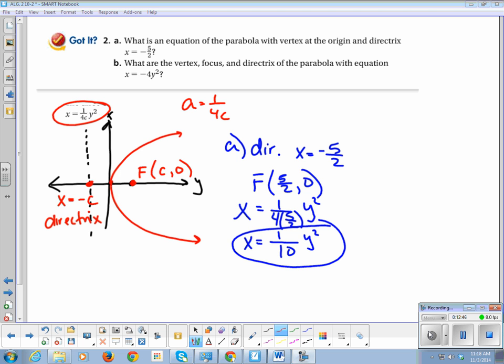Let's do B together. What are the vertex, focus, and directrix of a parabola with the equation x equals negative 4y squared? So in this scenario, a is equal to negative 4. We know that 1/(4c) is equal to a.